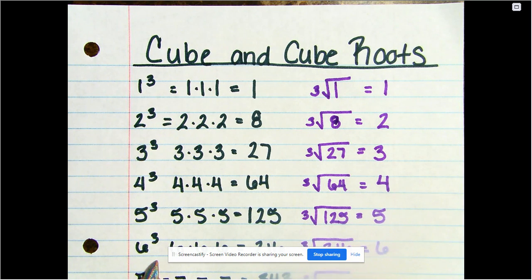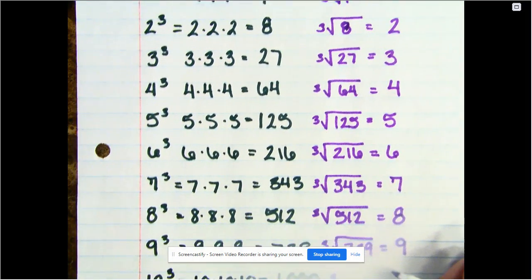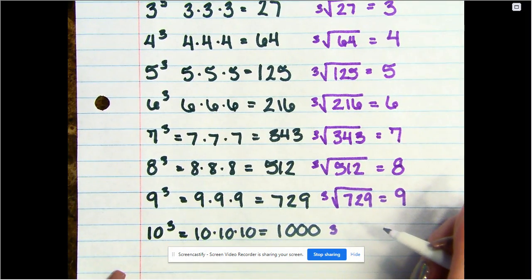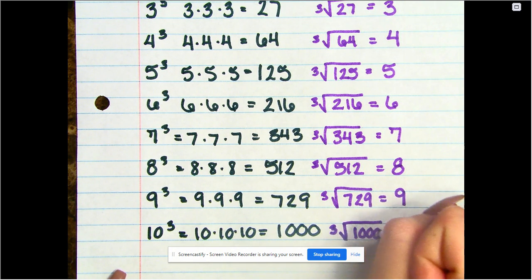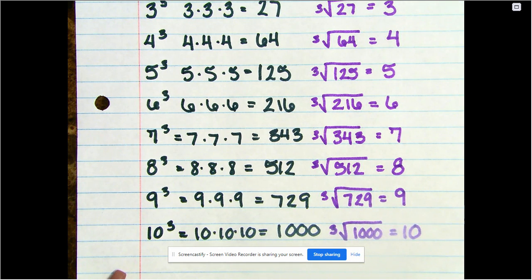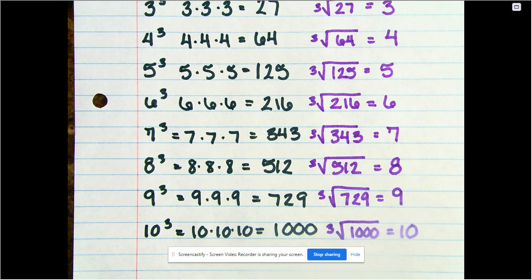The cube root of 343 is 7. The cube root of 512 is equal to 8. And the cube root of 729 is equal to 9. And the cube root of 1000 is 10.